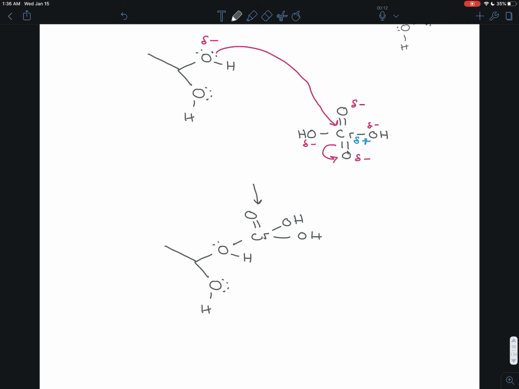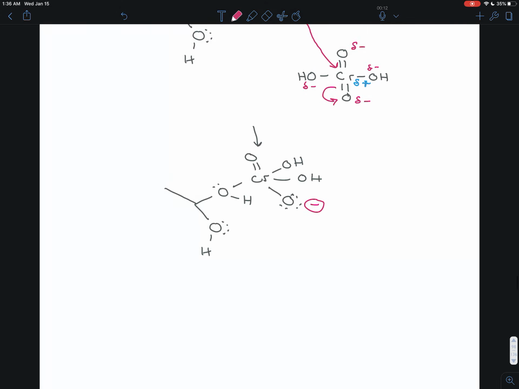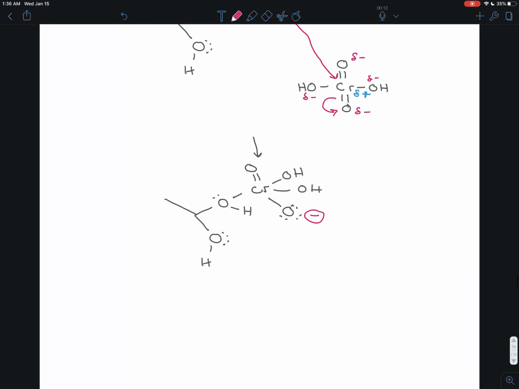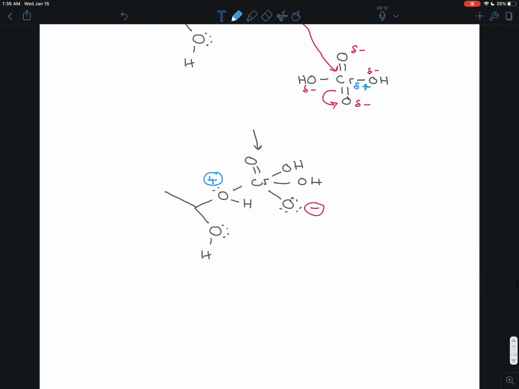And one bond to an oxygen with only, right, because this was two bonds, but one of the bonds broke. The oxygen will have three lone pairs and a full negative charge. Notice that the oxygen here in the alcohol that attacked has 3 bonds, and so a full positive charge.